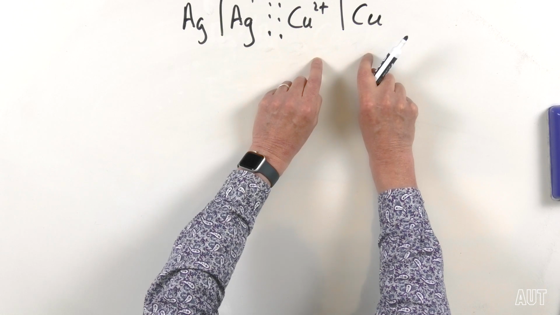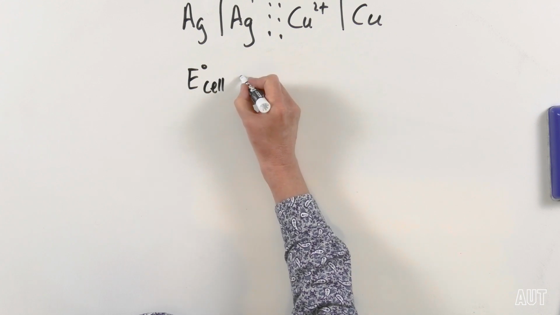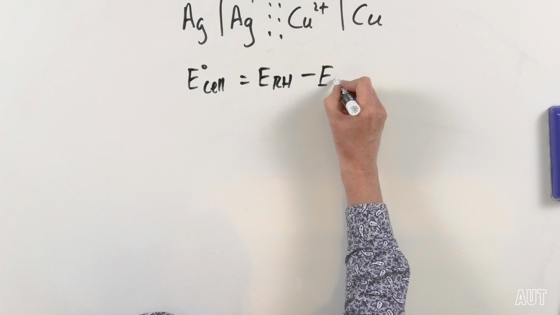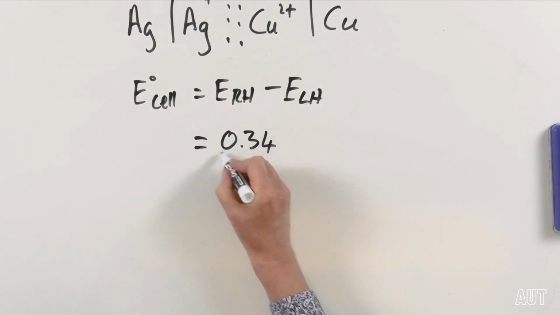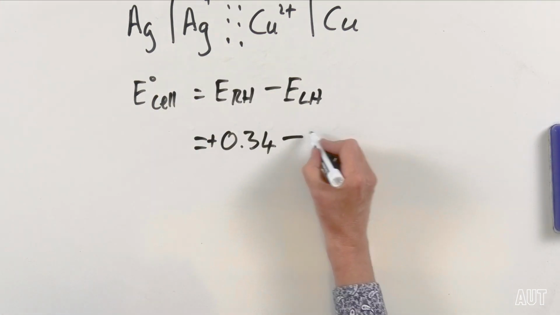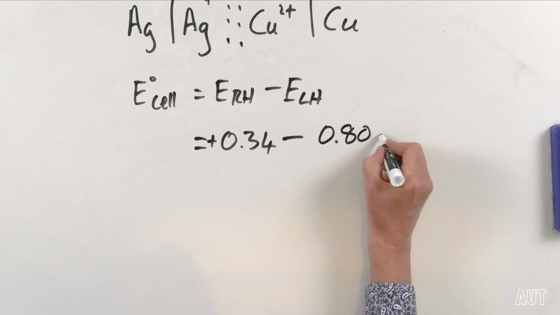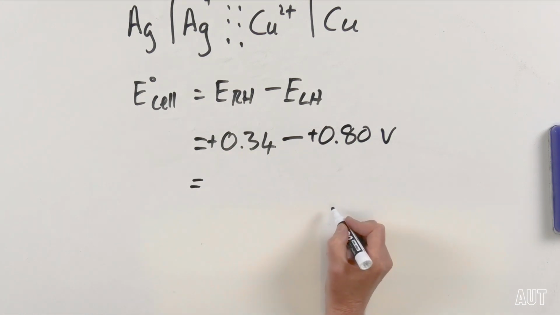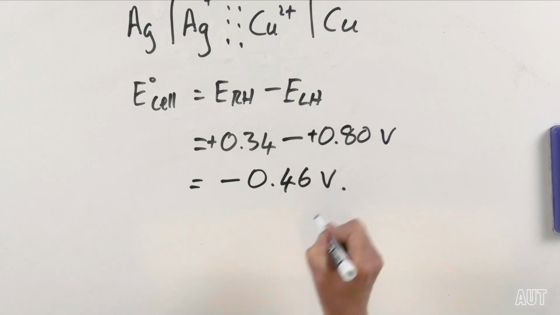So therefore, E-naught of this cell is going to be E of the right hand minus E of the left hand. E of the right hand is 0.34 volts, minus E of the left hand is plus 0.8 volts, minus 0.8 volts, and remember that's positive, and so therefore that comes out as being minus 0.46 volts.